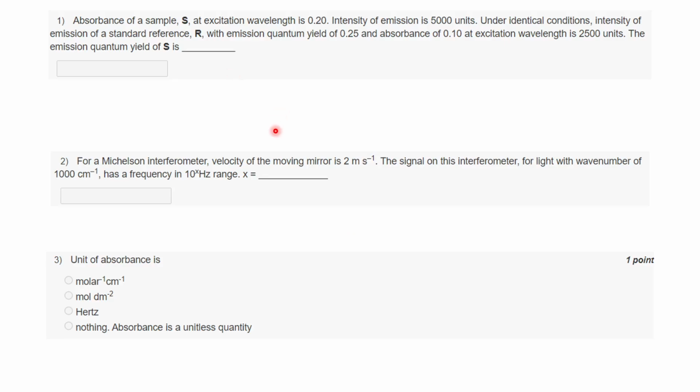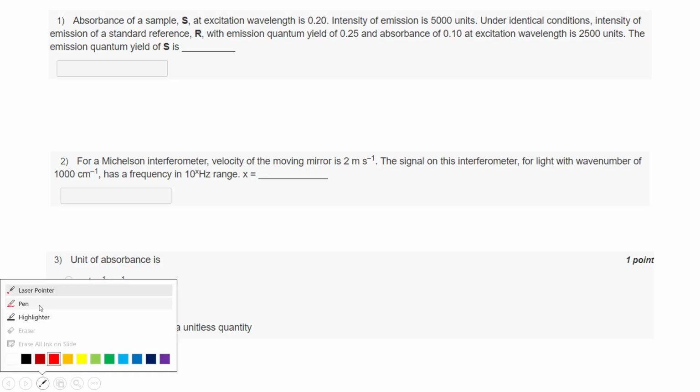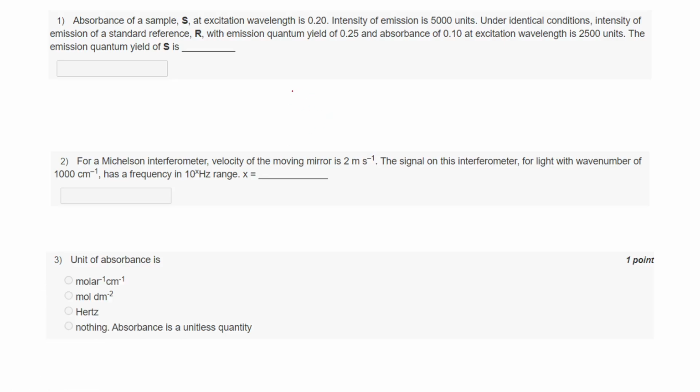Let us calculate together. We already know the formula. This is for the sample, through the relative method, and this is for the standard, the quantum yield of the standard. Then we have the total intensity, meaning the total emitted photon counts, which comes from the integrated fluorescence spectra.